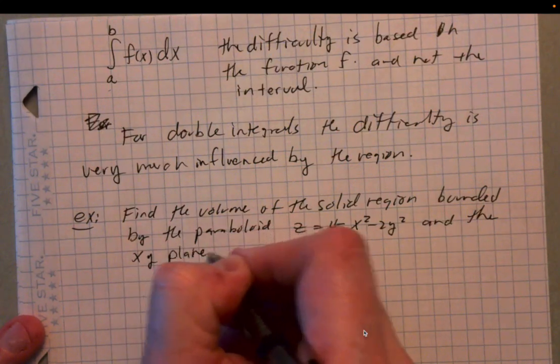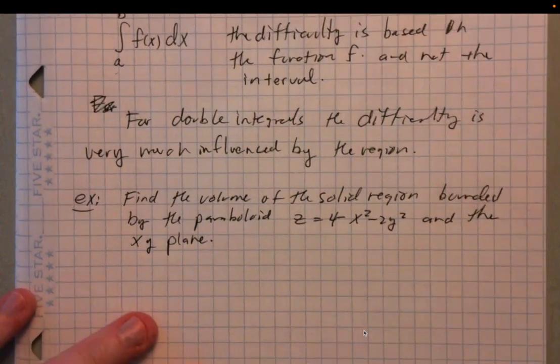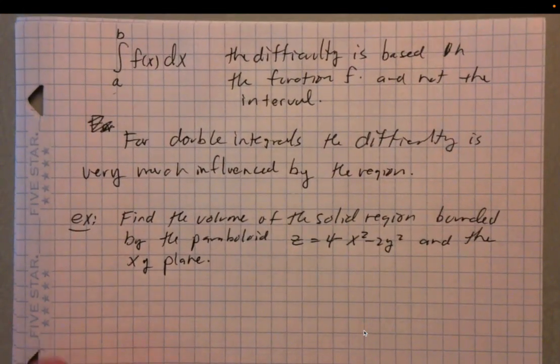plane. If you look at this expression, we've done a couple of examples already that have polynomial equations like this, of something plus x squared plus something y squared. Just simple polynomials, and the previous example didn't present any real difficulty.